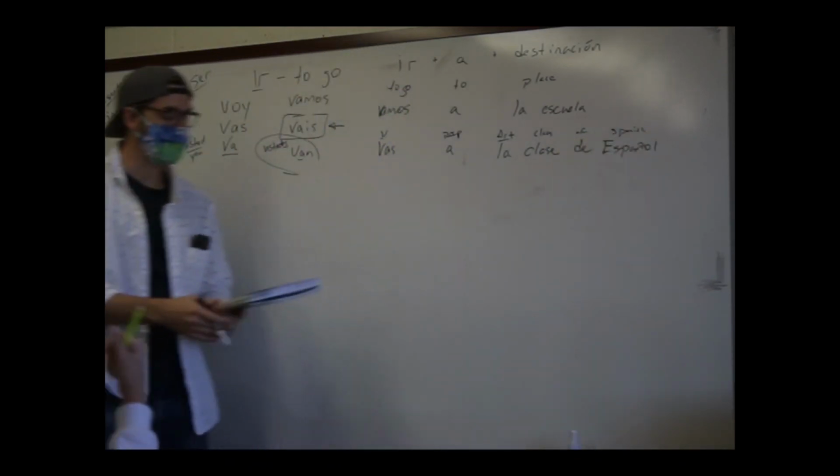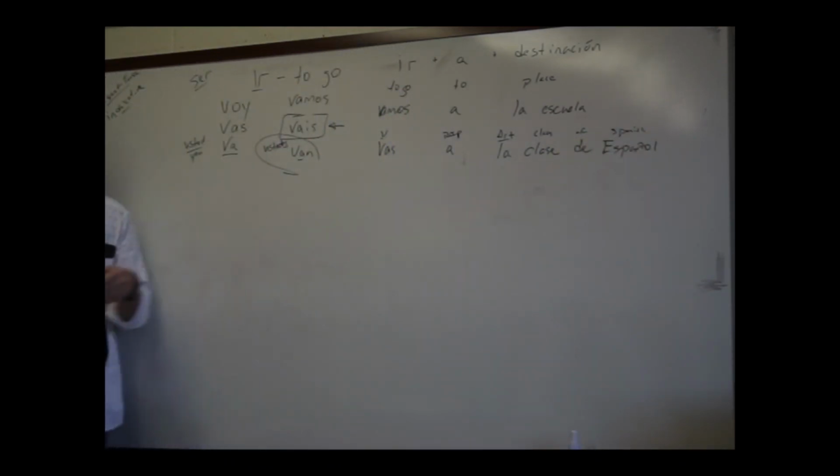All right, so now, how do you ask questions with this word? So turn the page again to 79. If you want to ask someone about where he or she is going, use the interrogative word, a dónde. What does the word dónde mean? Anyone remember? ¿De dónde estás? Or ¿de dónde eres?